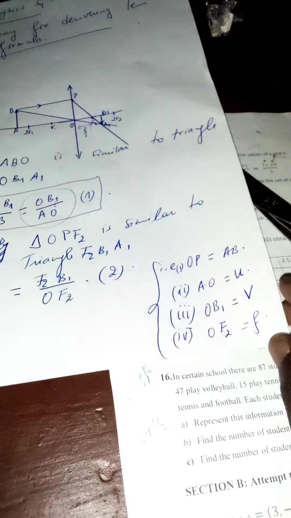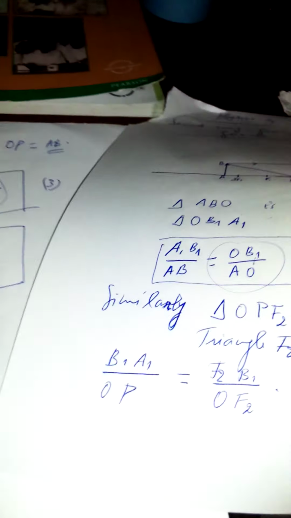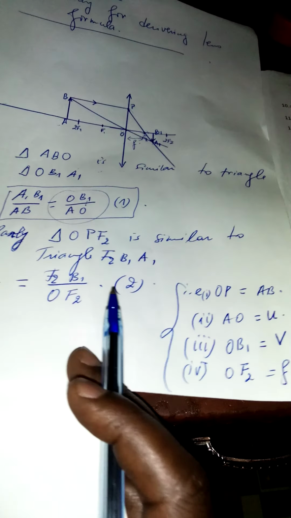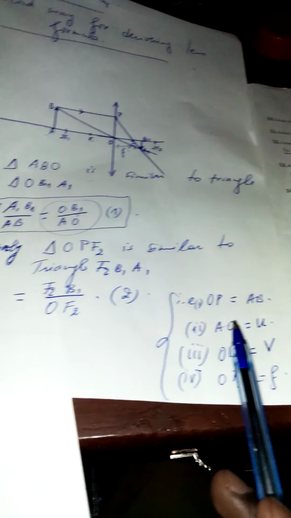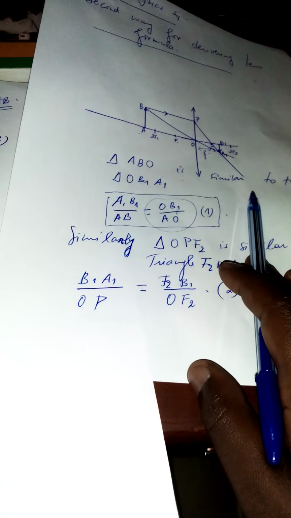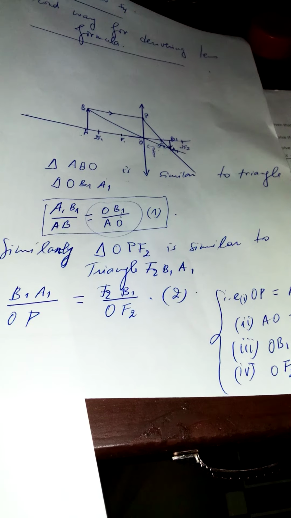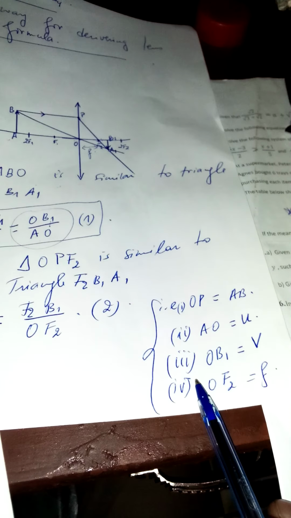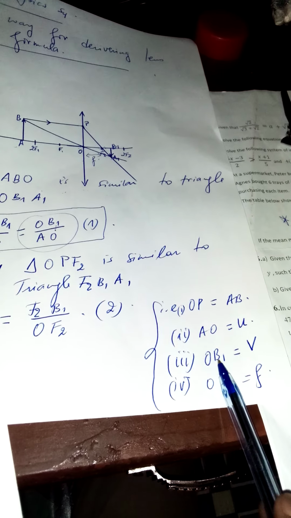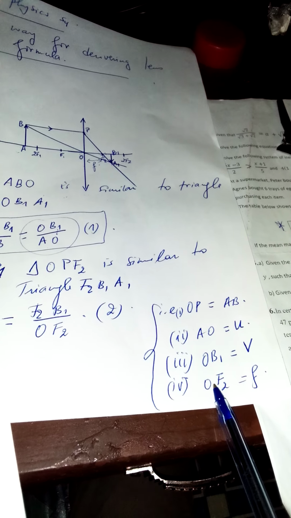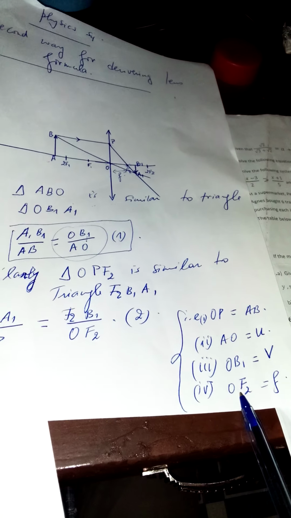From our assumption here, we have found that AO is equal to U, OB1 is equal to V, and OF2 is equal to the focal length.